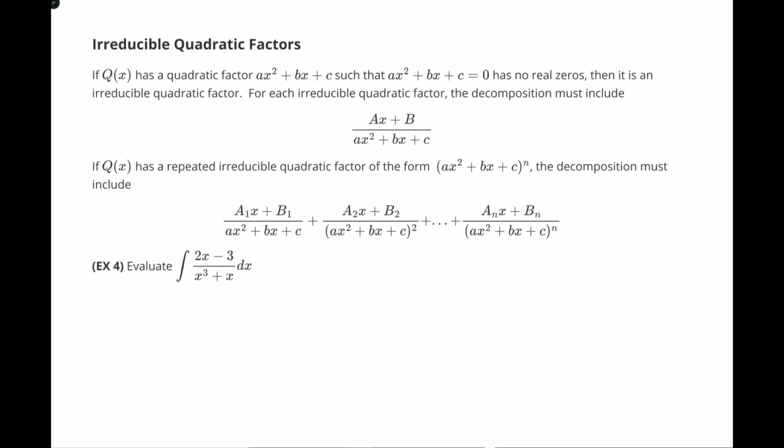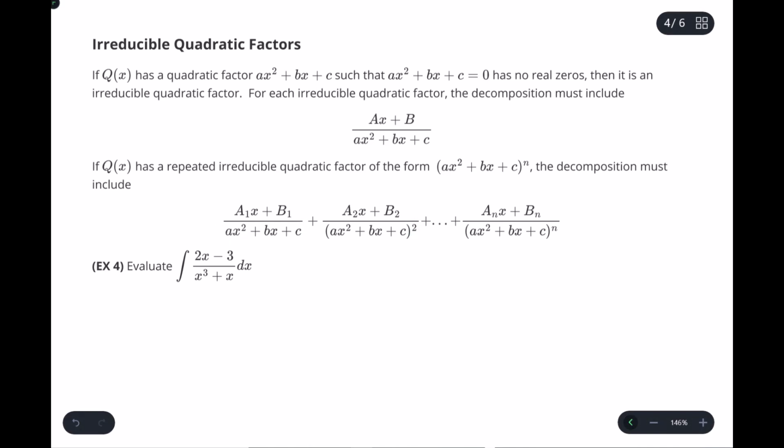Now, I'm also going to handle the situation where if you have irreducible quadratic factors that are repeated, you handle those just like repeated linear factors. So for instance, you take your irreducible quadratic to the first power and then add another rational function with the denominator of your irreducible squared and so forth. So handling that is just like the repeated linears.